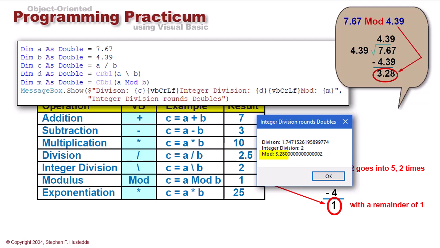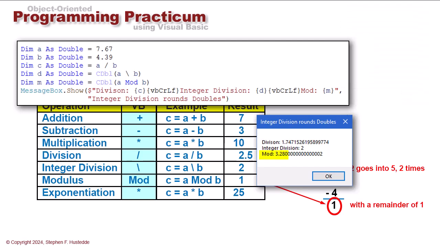So I get 3.28 as my mod result of A divided by B. In fact, if I took 3.28 and added it to 4.39, I'm going to get 7.67. So we can see that that rounding does not occur with the modulus, but it does with the integer. Just something to be aware of. I rarely have had that be a problem, because normally we'll be using integers for doing both integer division and modulus.